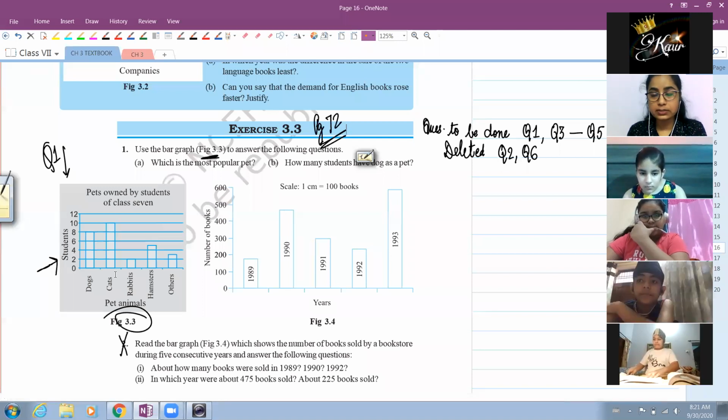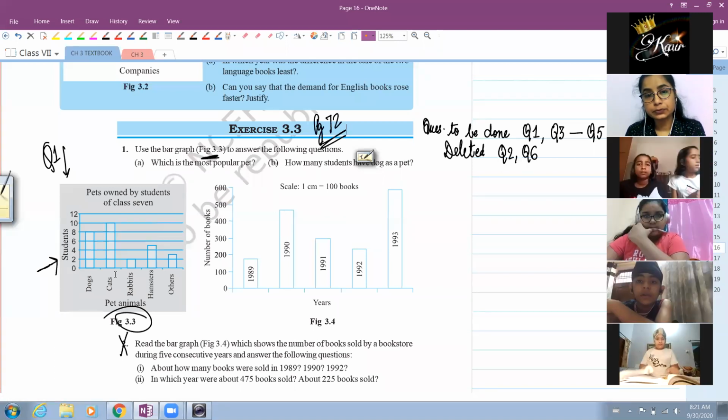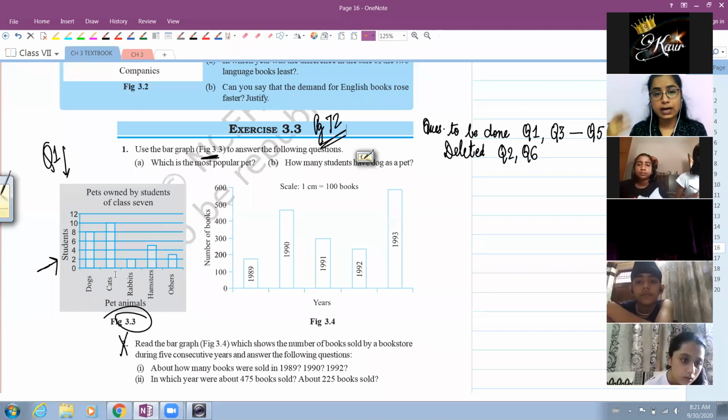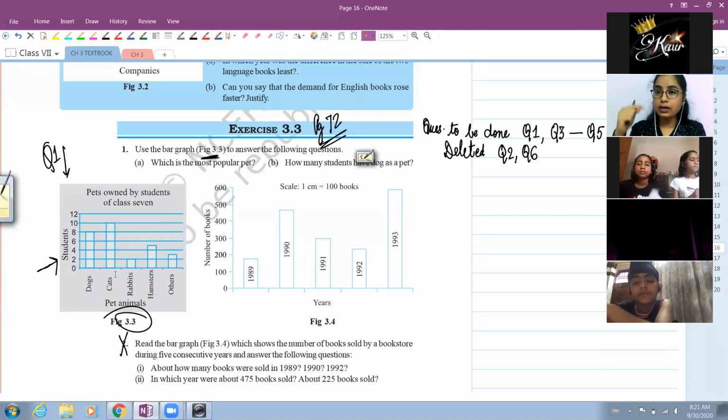And what about rabbits? 2. Hamsters? 5. And others, other than these? 3. Now, whenever you have a bar in between, you can just take an approximation. Halfway between 2 and 4 will be 3, and halfway between 4 and 6 will be 5.